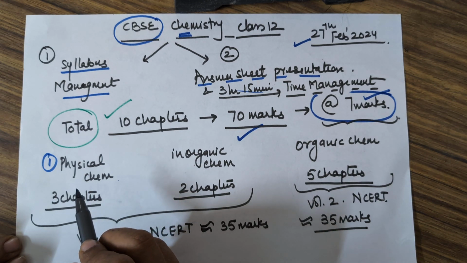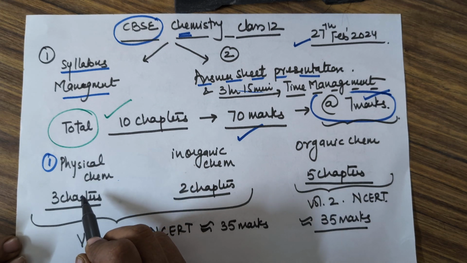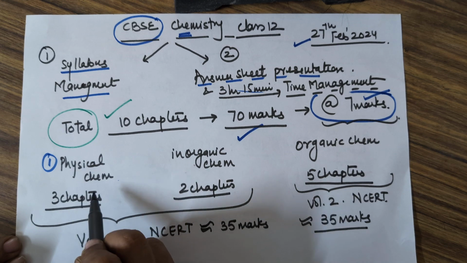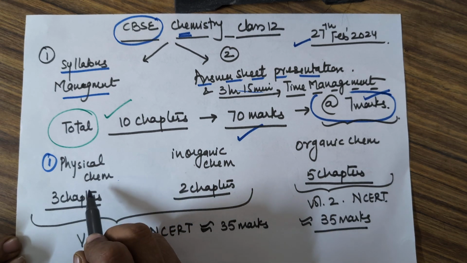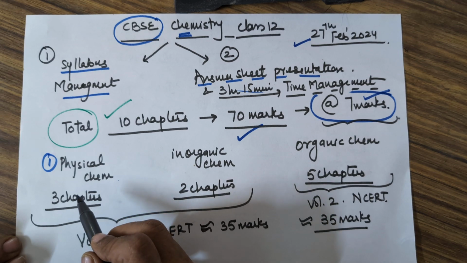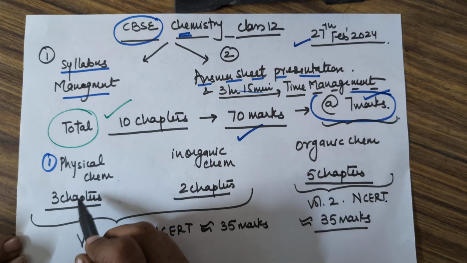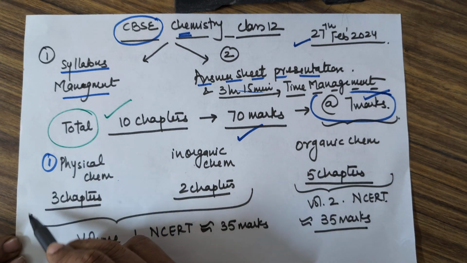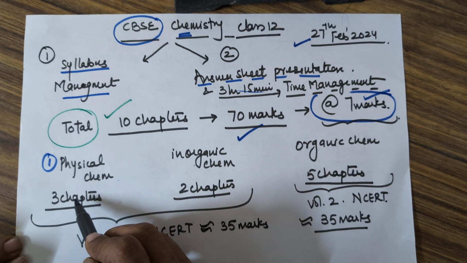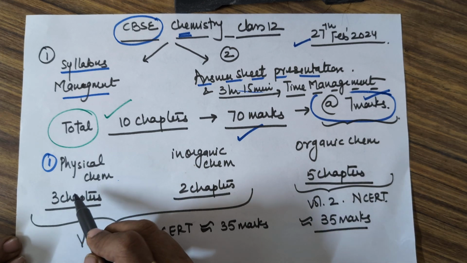I advise that you identify the numerical, the chapter from which it is given. Then you identify the formula that you need to use. Substitute the values. Please do not forget that the temperature is always to be taken in Kelvin. If at all there is any other unit variation, please do it accordingly. I already have a video on how to handle physical chemistry. You can check that out also.